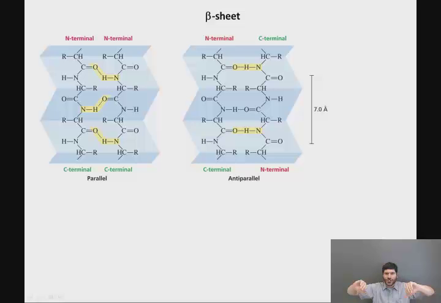The two chains are just a little bit further apart, and there's actually room for two R groups in the middle. And for the anti-parallel beta sheet, the R groups alternate between being in the middle and being on the outside. Now, they're not completely in the middle because the R groups actually are pointing either in front of or behind the main chain, depending on their stereochemistry, whether they would get a dash or a wedge.